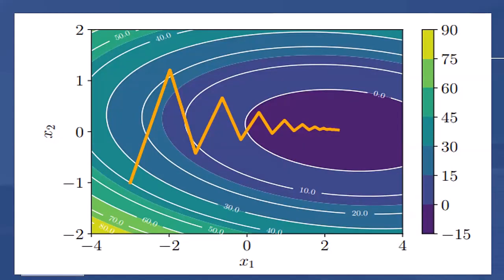As an example, we consider this visual of a quadratic function in 2 dimensions. Starting at an initial location x0, which is -3, 1, we iteratively apply the gradient descent algorithm to obtain a sequence of estimates that converge to the minimum value in the purple area of the diagram. So we start at -3, 1.